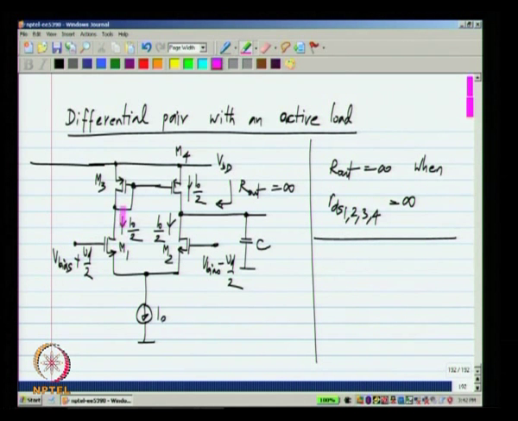Now, I said that the currents here will be similar to the currents earlier. Okay. That is something that we still have to examine, right. Now, it turns out that when RDS values are infinity, that is true. Okay, the current in each of these transistors will be simply equal to Gm times Vd by 2. That I leave it as an exercise to you to verify by circuit analysis.